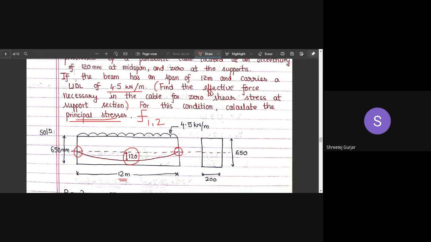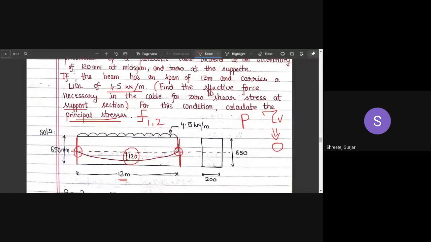Find the effective force. They have not given us the pre-stressing force. We have to find out the pre-stressing force P, necessary in the cable for zero shear stresses. Shear stress is tau V. They have told us that this tau V has to be equal to 0 at the support section. You can take either the left or the right.